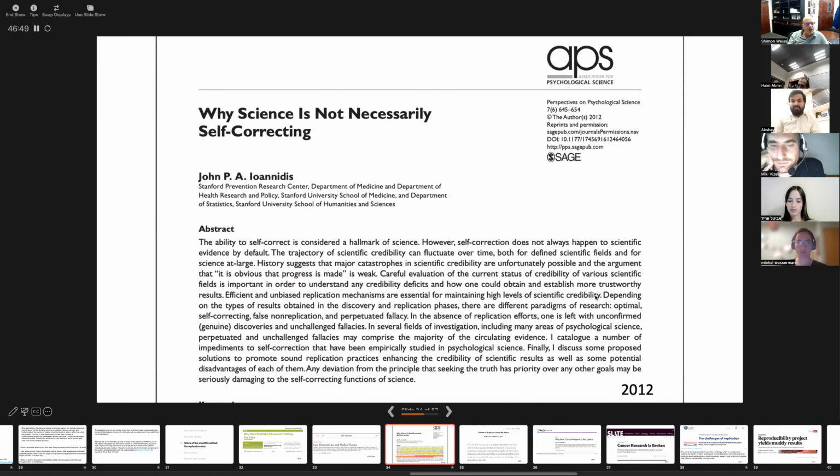Another paper from 2012. Why science is not necessarily self-correcting. History suggests that major catastrophes in scientific credibility are unfortunately possible, and the argument that it is obvious that progress is made is weak. We discussed the scientific method. We thought that this is how we move forward the human front of knowledge.